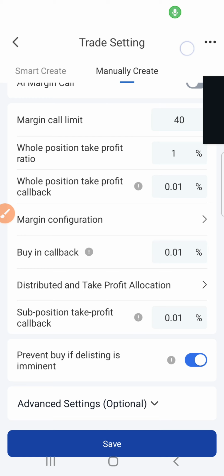What affects that is the position take profit callback. It means we wanted 1%, but due to the market over-pumping, it pumped, reaching maybe 1.501. There was a drop of 0.01%, so the robot is now going to take 1.5%.